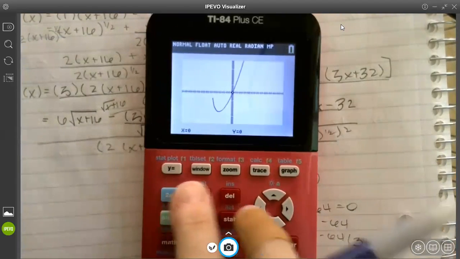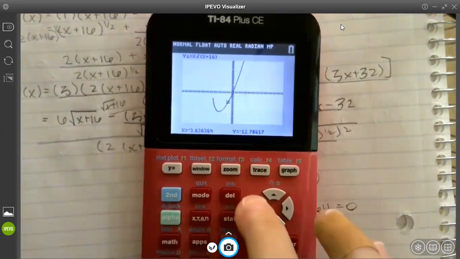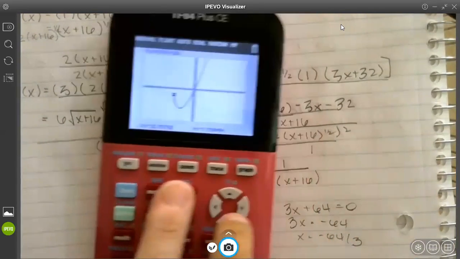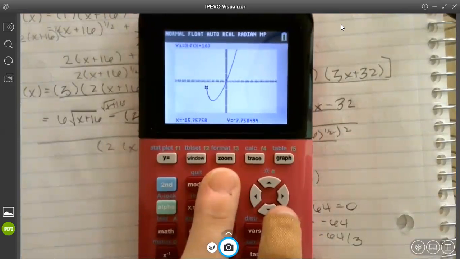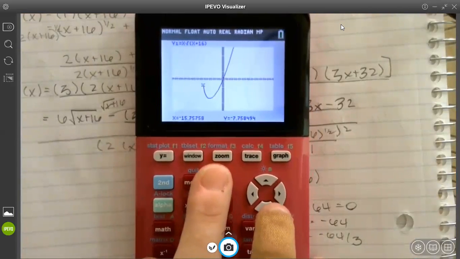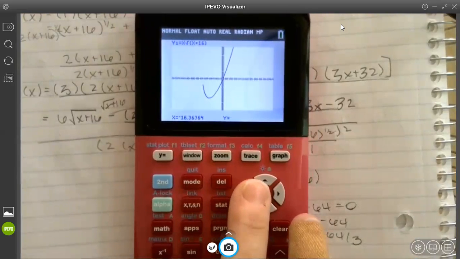Let's trace. Oh, sorry, that's not what I want to see. I just want to trace it. What is negative 64 over 3? Right. I just want to keep this up here while you do that so you can see it. Well, my graph stops at what? You see that? So why does this not work? It's not a value in the domain.